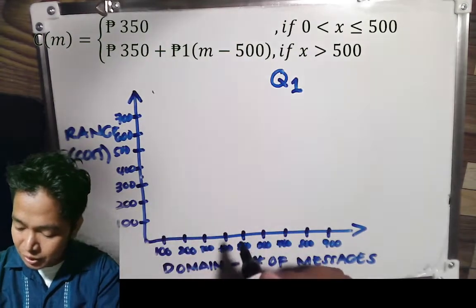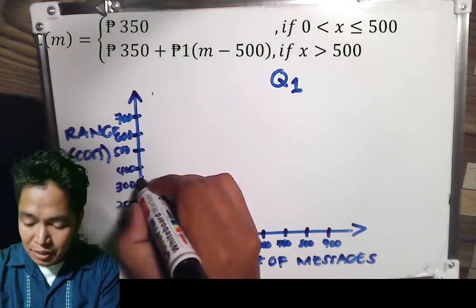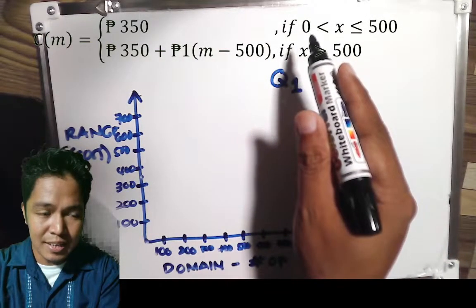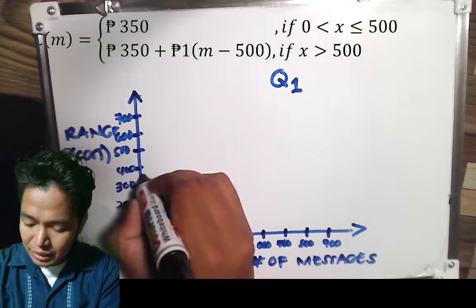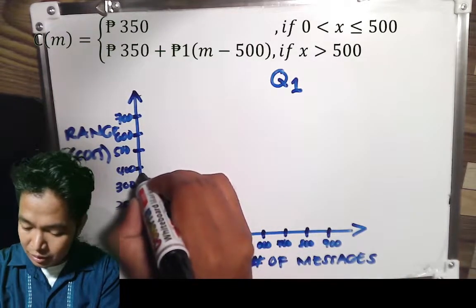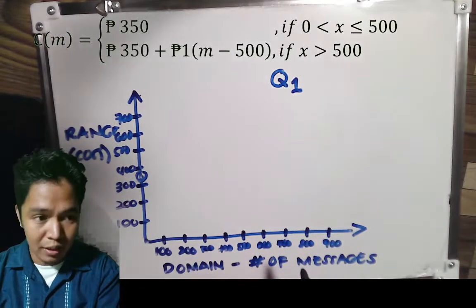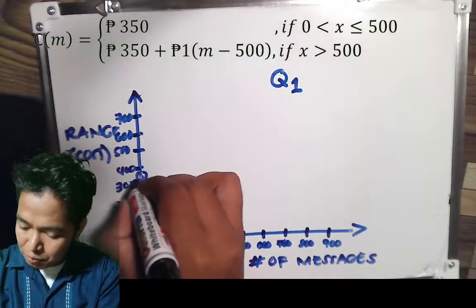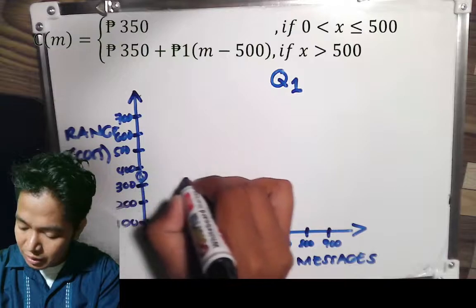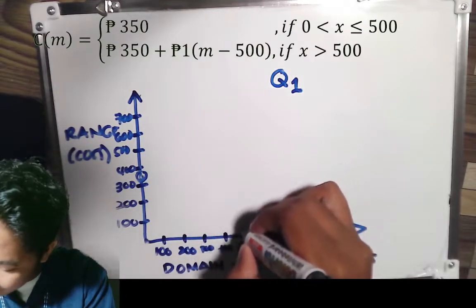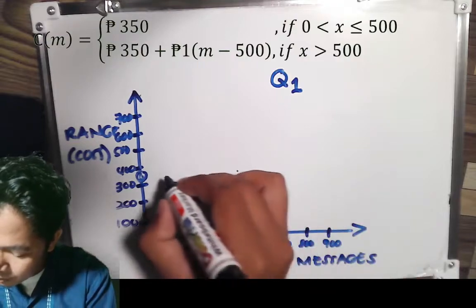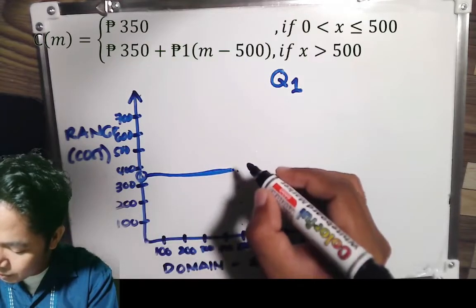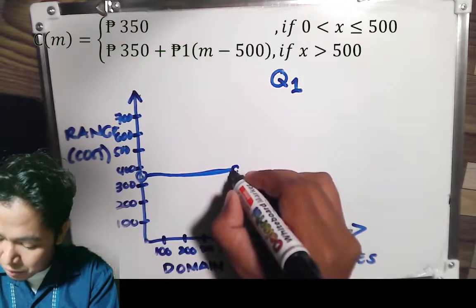Dito. Since hindi kasama yung 0, x is greater than 0, ang ating representation niyan ay open dot. Okay, open dot. And passing through 350, dito yung 350, then hanggang 500. Pero yung dot dito ay dapat close.